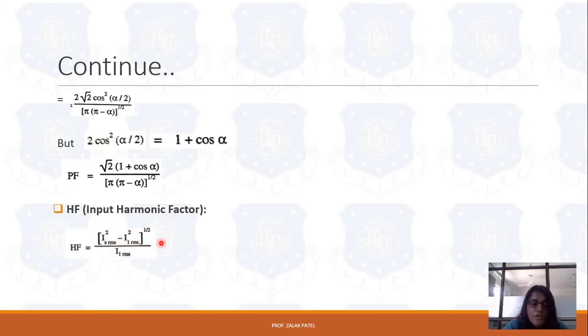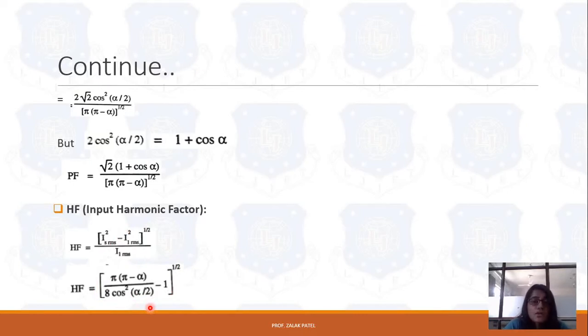So we have all the values of current, supply current as well as the RMS current. So we have to put these values in the equation. It will be like this: Is RMS and I1 RMS value. We have all the values, so it looks like this. So this is the input harmonic factor.